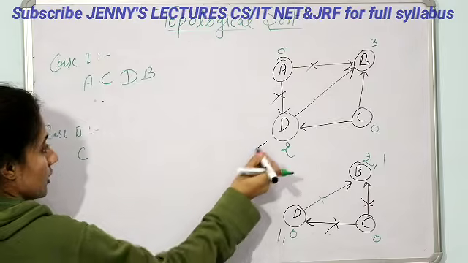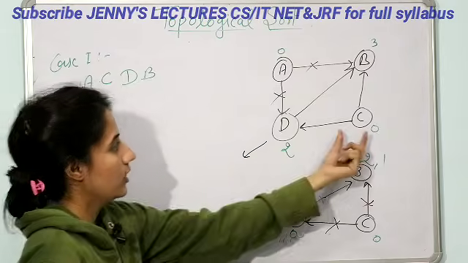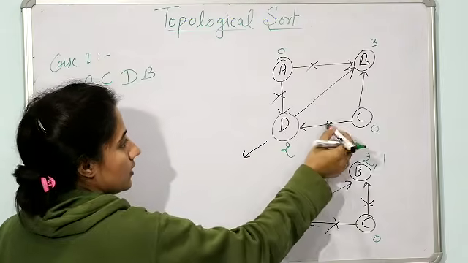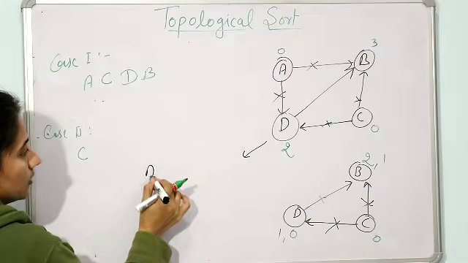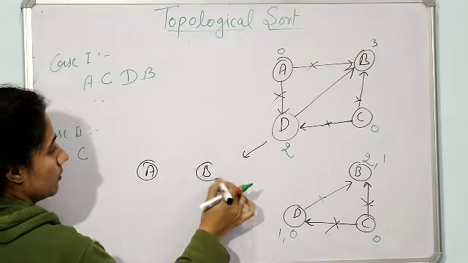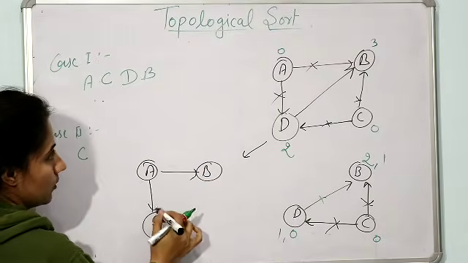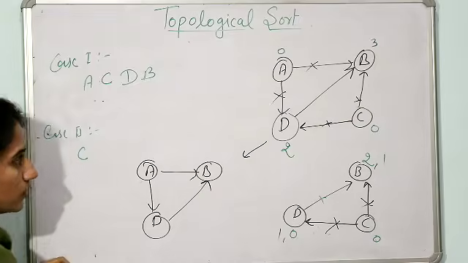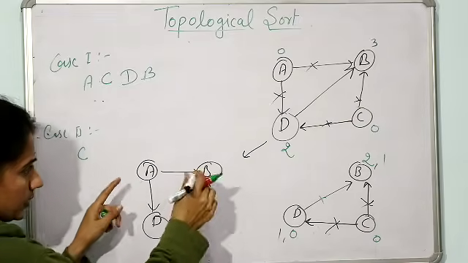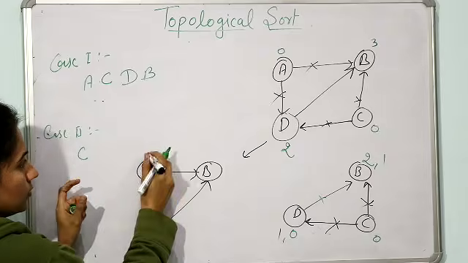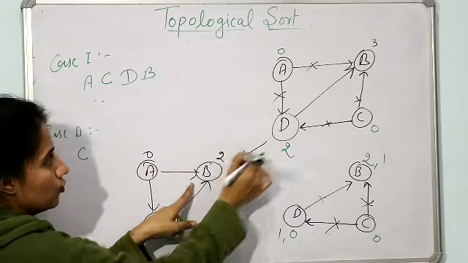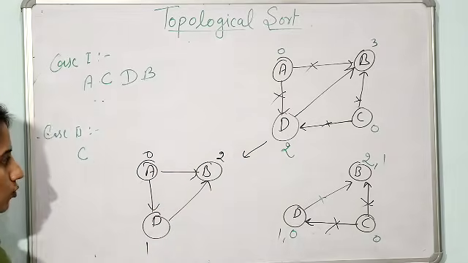Or the next case was, suppose you have selected this C, then delete this, and the graph would be A, B and D. We are having this edge, this edge, and this one. Update in degree: this is having 0, same; this will be having 3 minus 1, 2; this will be having 1.